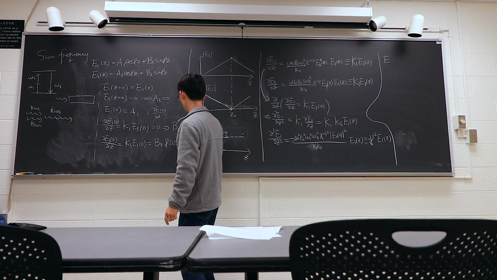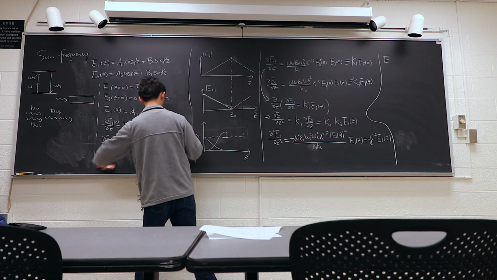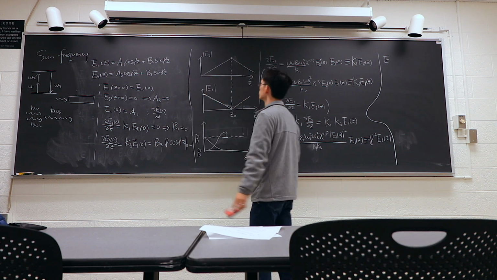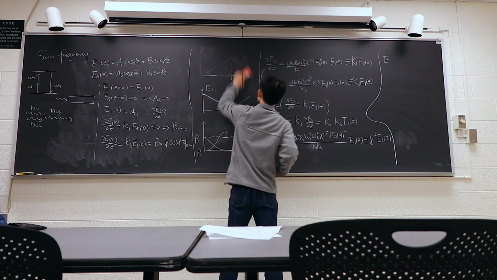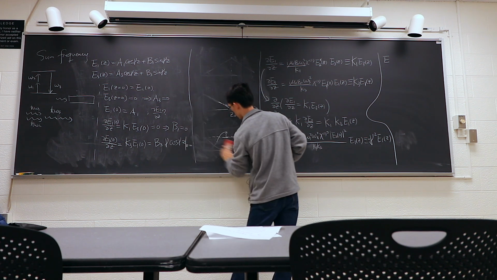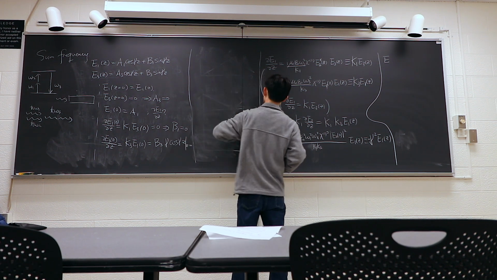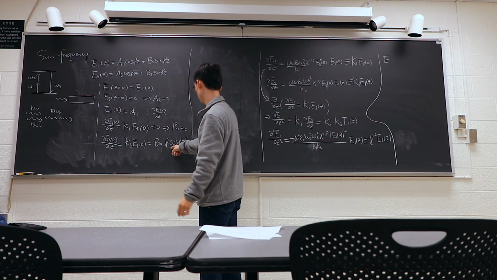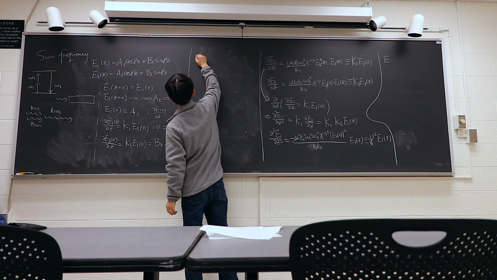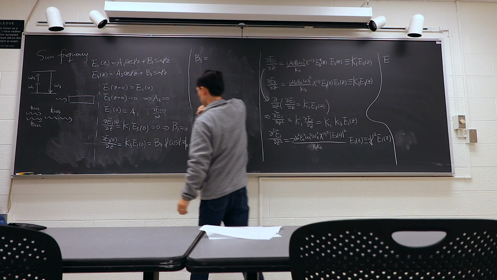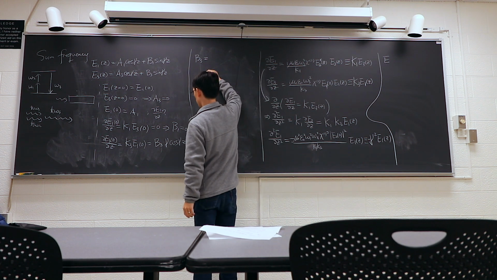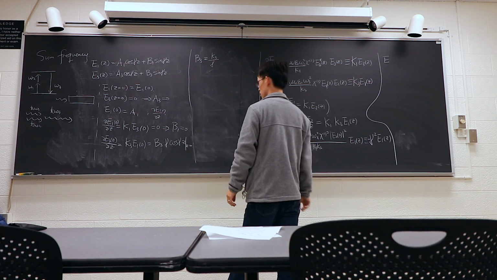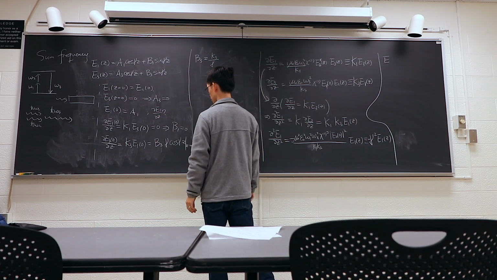Cosine 0, so this term is 1. So we have B3 equals K3 and then E1.